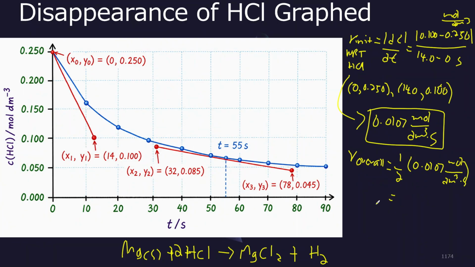So it's about 0.00535. I don't think the question asked for that, but it's just good habit if you have time to find this. Could be useful later. All right, so the overall rate is half of what it would look like for the disappearance of HCl.